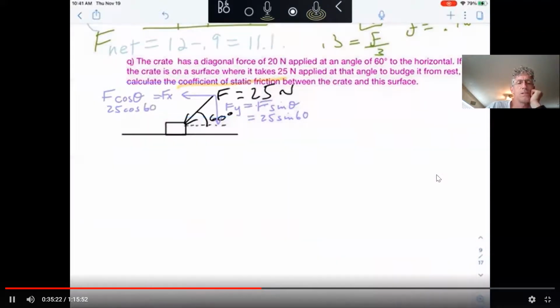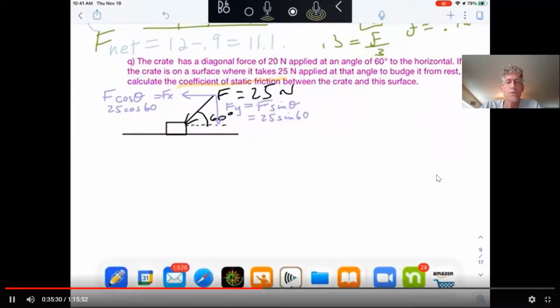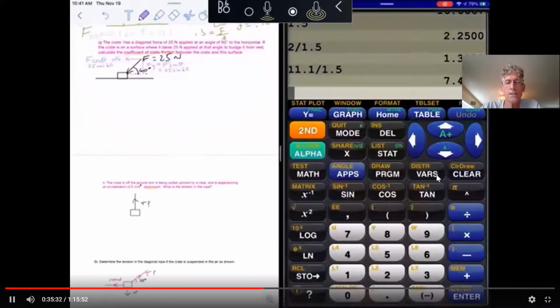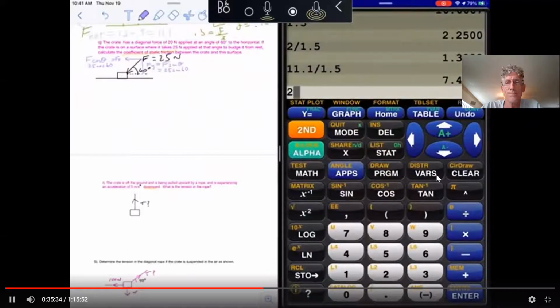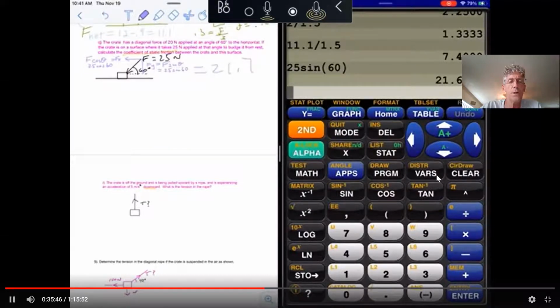I'm going to take out my calculator and figure it out. Be sure that you guys are on degrees, not radians. So that's the first step of doing these diagonal force problems. You've got to break it down to X and Y pieces, components, and then don't even look at the slanted force or the angle anymore. It's irrelevant at that point.